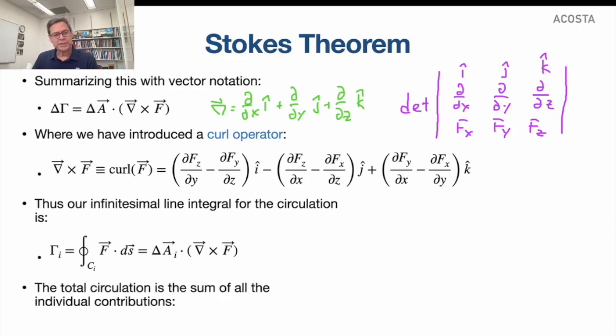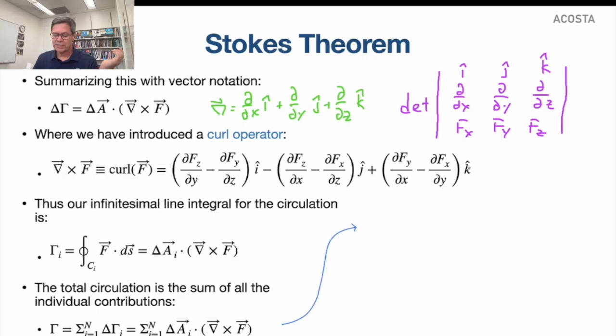The total circulation will be the sum of all those infinitesimal contributions, those N infinitesimal squares, where N becomes very large. I have to sum and add all those curl contributions.